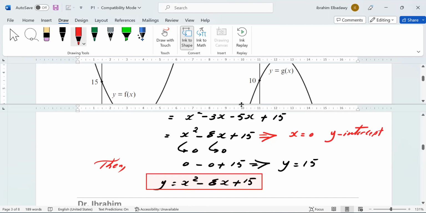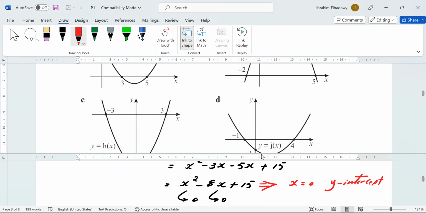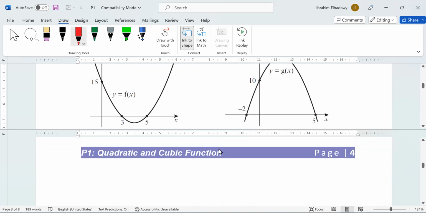Okay, let us take another example. Example number B. We will repeat whatever we did before to get the answer for this one. For B, I will start again with the x-intercepts. So y equal to 0, the x-intercepts are negative 2 and positive 5.